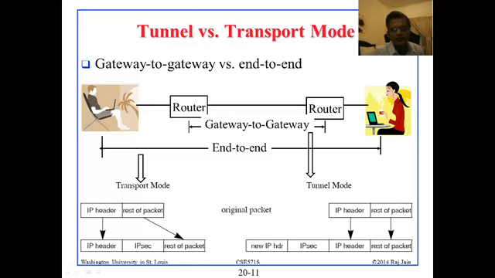Okay. Why do we need a new IP header? Because this packet is not going end to end. This packet is going from this router to that router. And there might be many routers on the way. But the packet is going from this router to that router. So really the source for this packet is this router, and the destination for this packet is this router.